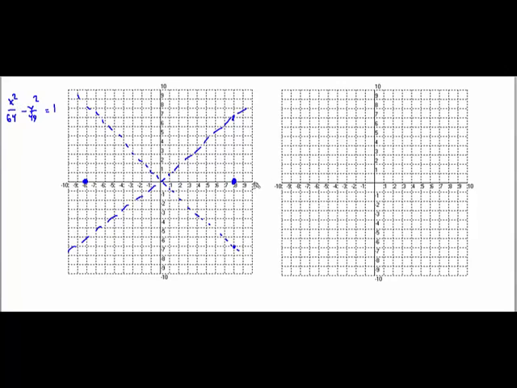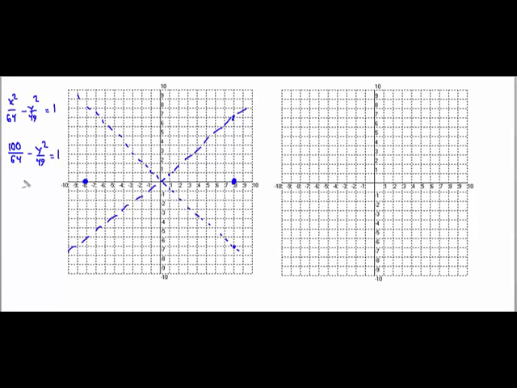The reason why is I want to figure out where along the y-axis, because we know that these are going to open up to the right and to the left, and I'm focusing on the one at the right. As I plug in a 10 for my x, I get 100 over 64 minus y squared over 49, and that's equal to 1.